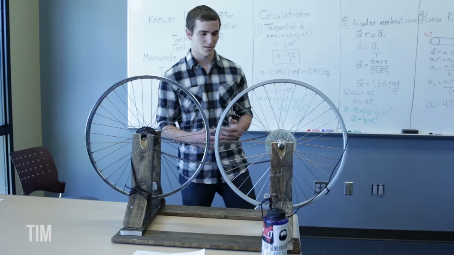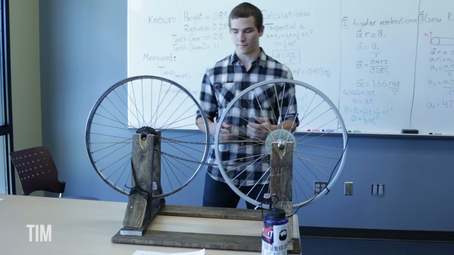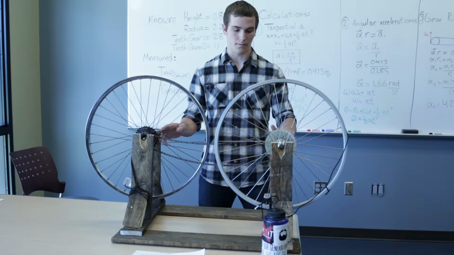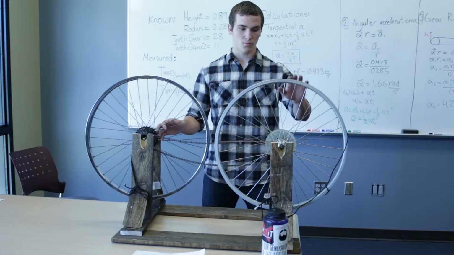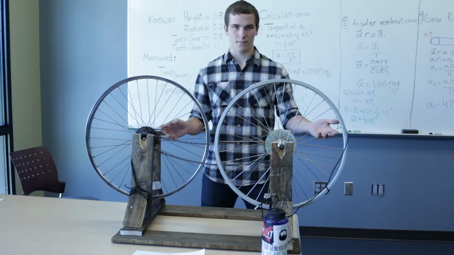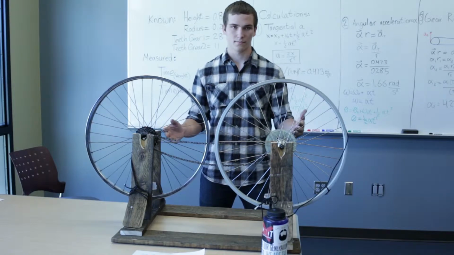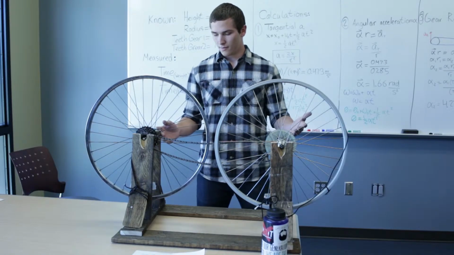So basically in our presentation, we are solving for angular acceleration of the wheels at a fixed point. Now we use wheels because this will make it smoother and it won't catch on anything.